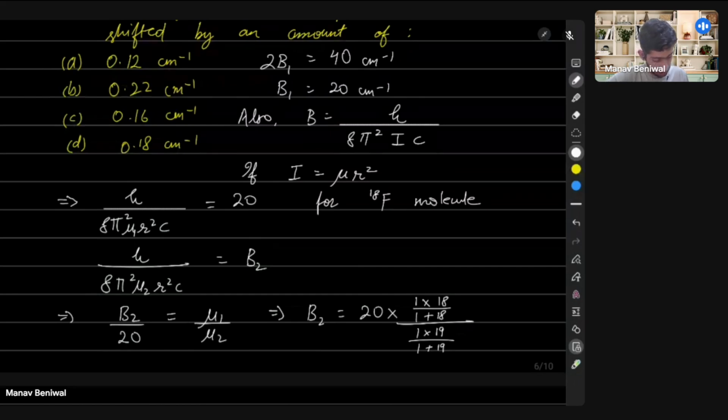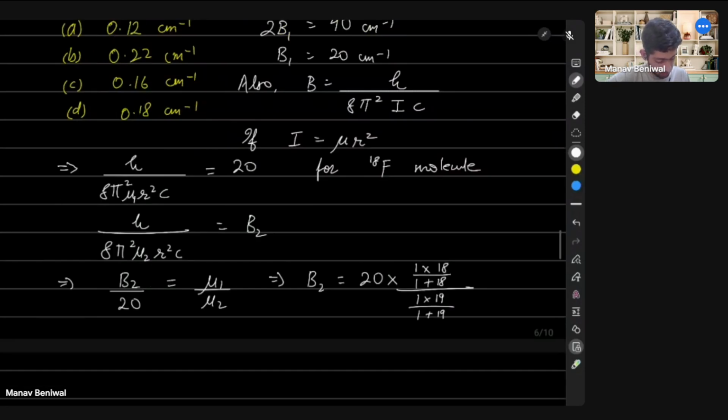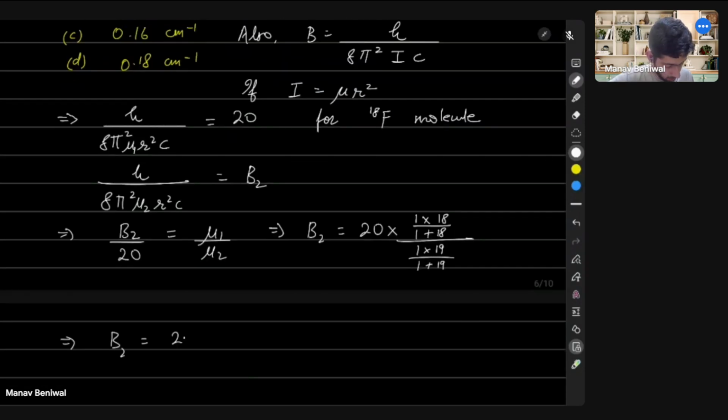Okay, so b2 becomes 20 times 18 over 19 multiplied by 19 multiplied by 20 over 19. So this becomes 19.94 per centimeter.